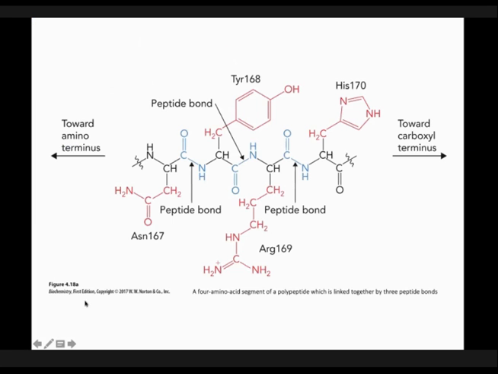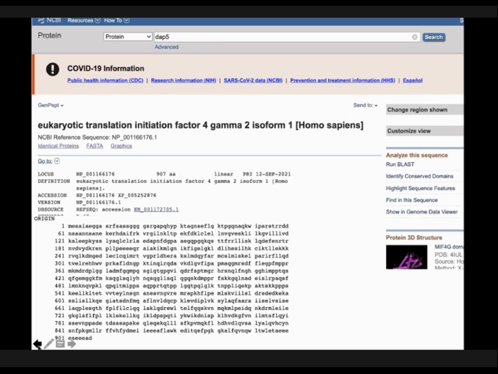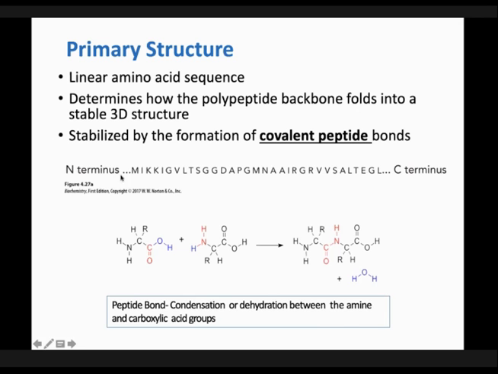And it's always from the N terminus to C terminus, okay? Again, we covered the peptide bond, which is a condensation reaction or dehydration because we have water as a product. And that's the type of bond that binds one amino acid and the other amino acids.